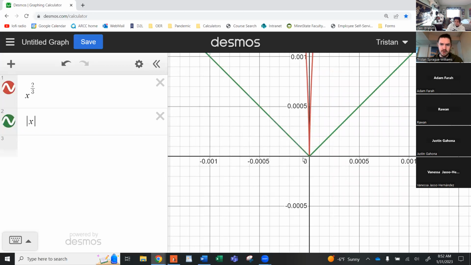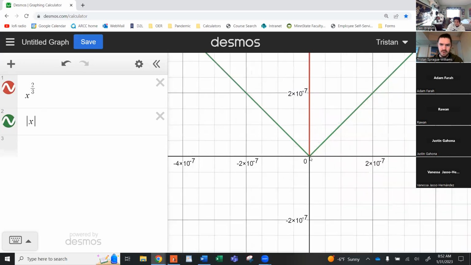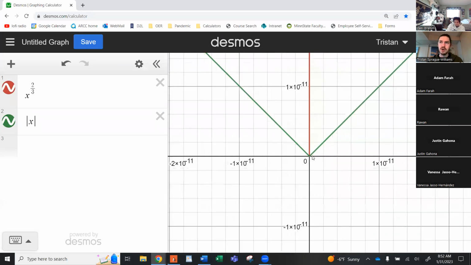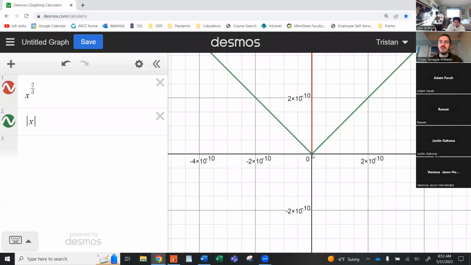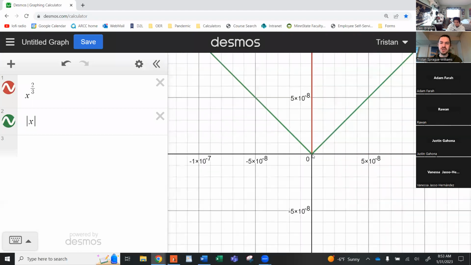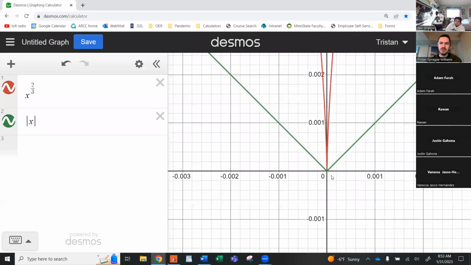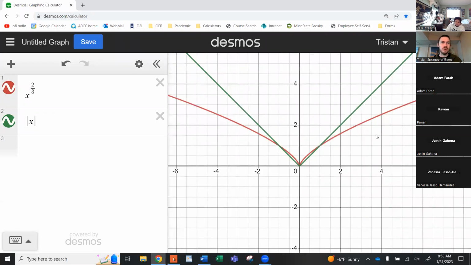That looks like a corner, and if I zoom in on it, it still looks like a corner. There's no way I'm ever going to zoom in far enough to make it look like a smooth curve. Those are examples of actual points where the function is not differentiable. So just a word of warning: don't leap to conclusions too quickly when dealing with corners.